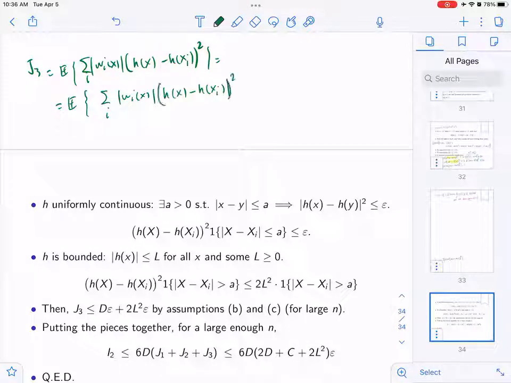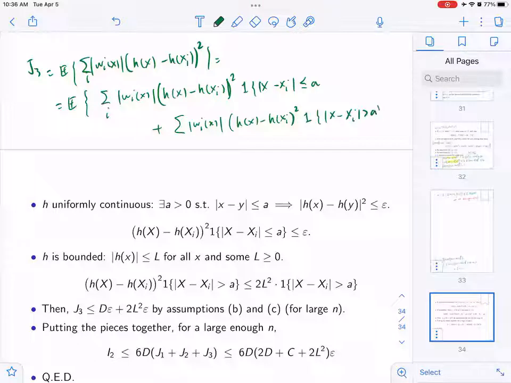So the squared indicator that |x minus xi| is less than a, plus the same thing with the complement, times the indicator that |x minus xi| is bigger than a. So this is the bad event. Okay. You can do this because the sum of these two is just 1, right?